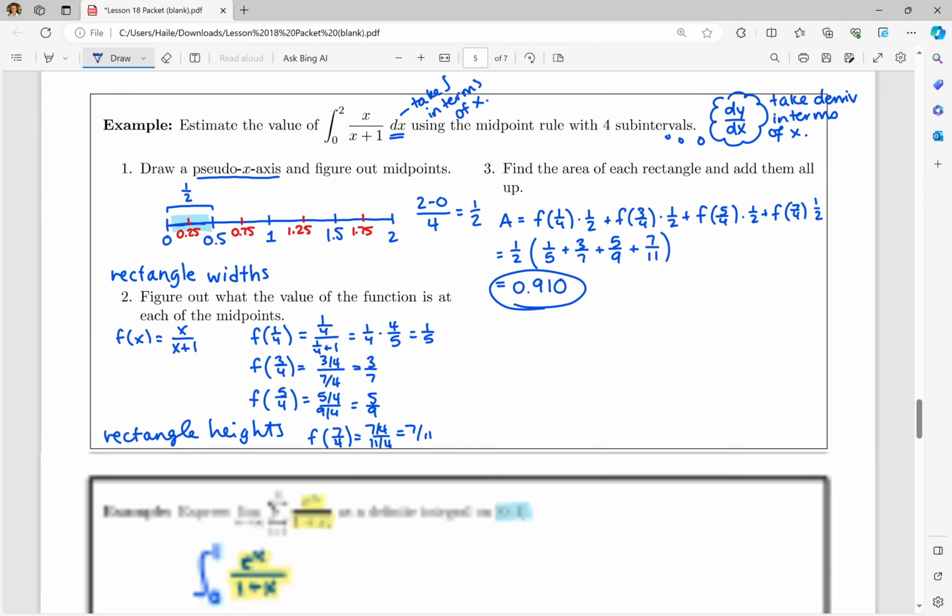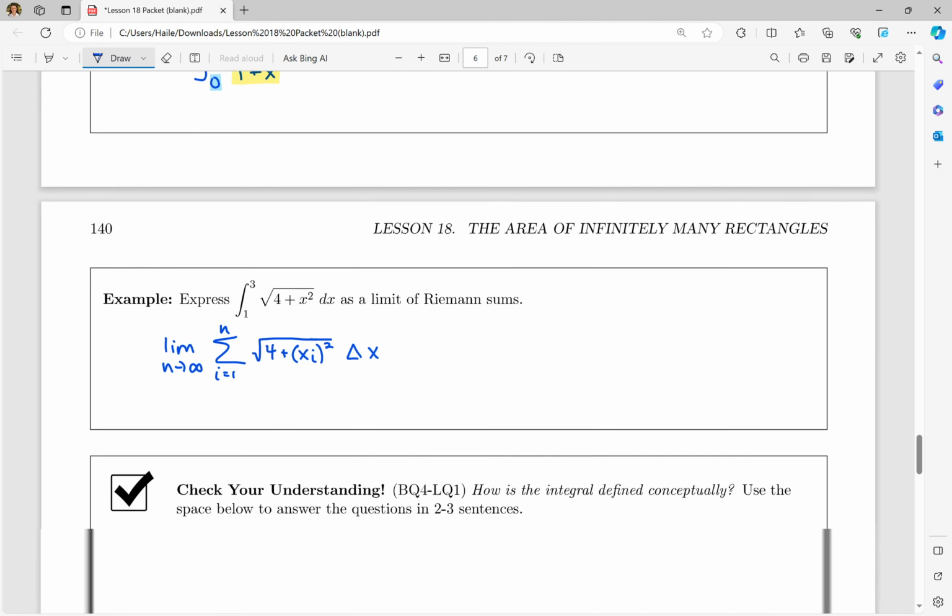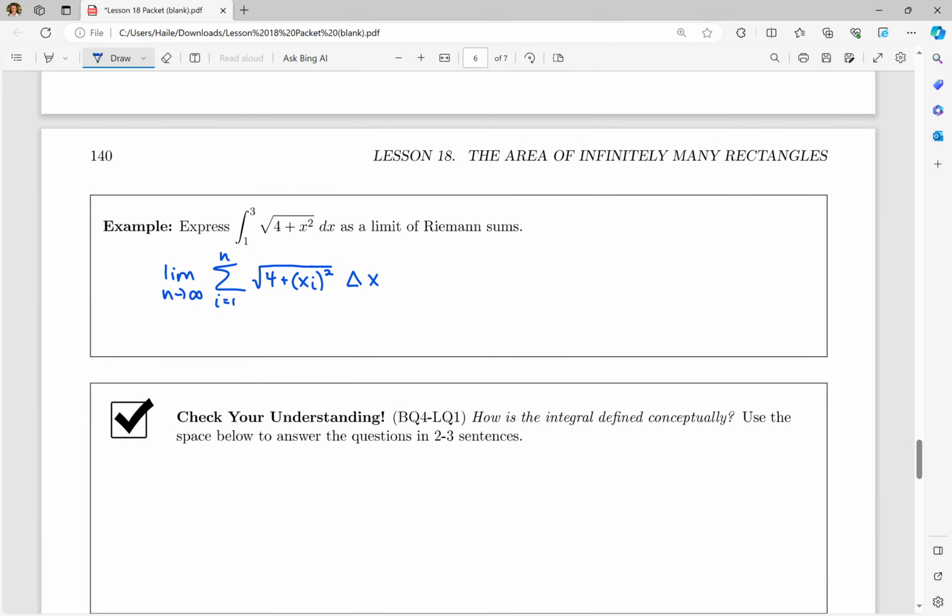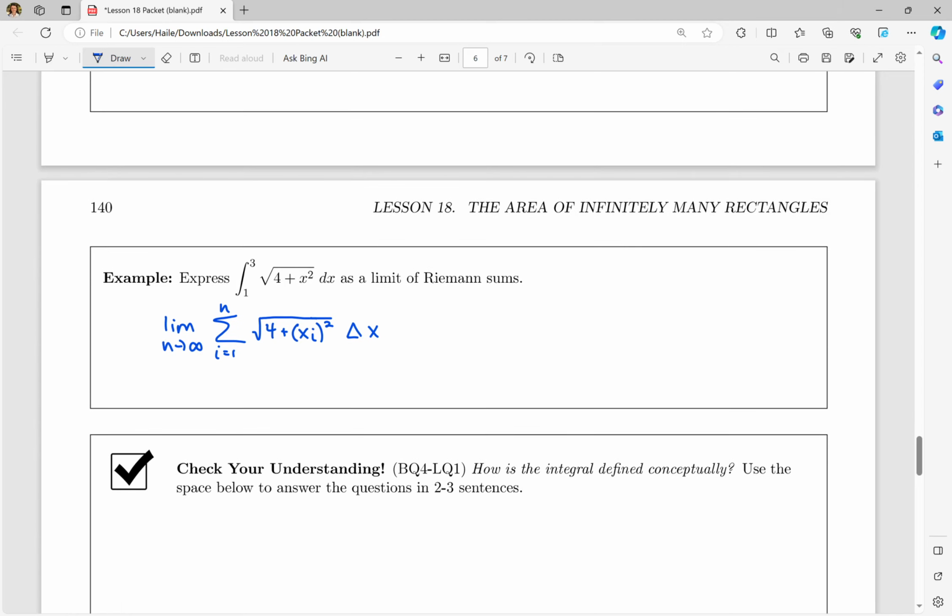Okay, let me rewind really quick. All right, so this is what we have so far. We have the limit as n goes to infinity of the sum from i equals 1 to n of the square root of 4 plus x sub i squared times delta x.